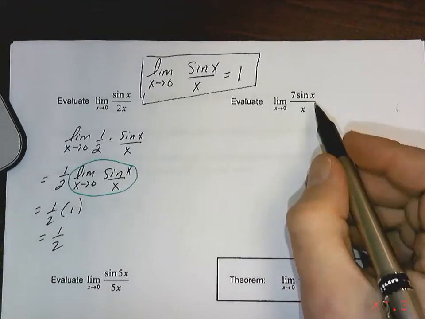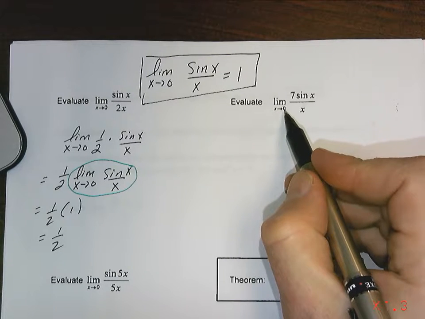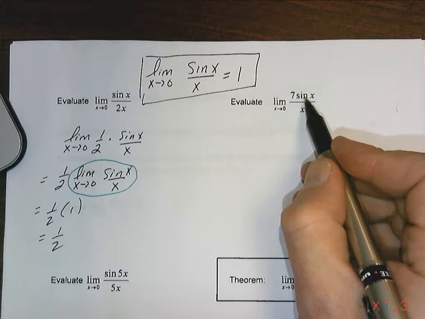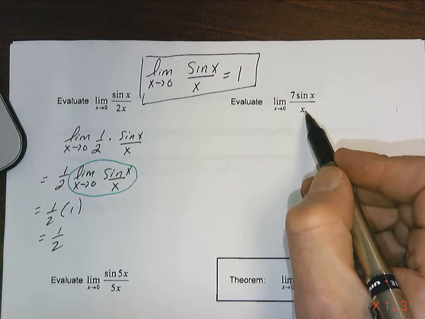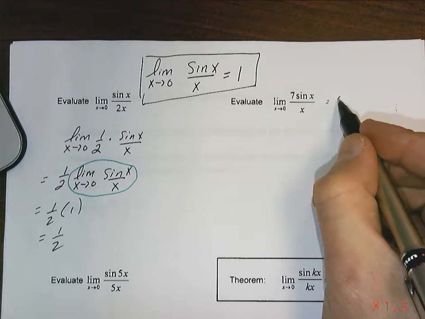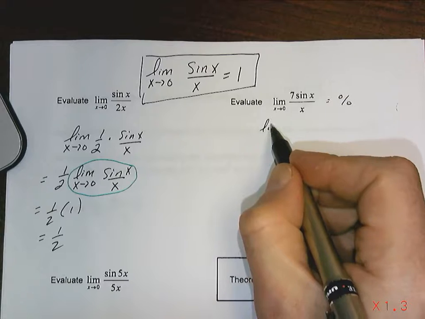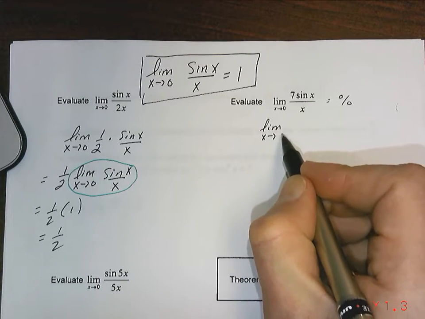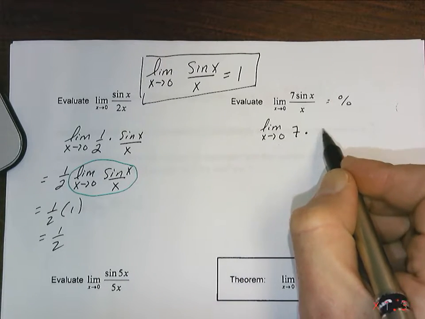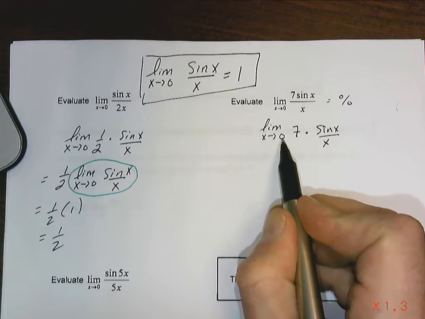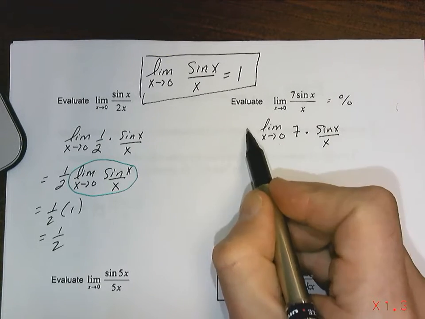Let's take a look at this one. Let's allow x to approach 0. So it's 7 times sine 0. Sine of 0 is 0. Over top of 0, you're going to end up with the indeterminate form. So we need to do some more work. This 7 here is a constant. All I'm doing is trying to create a situation where I have the limit as x approaches 0 of sine x over x.